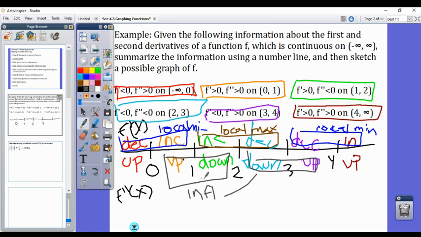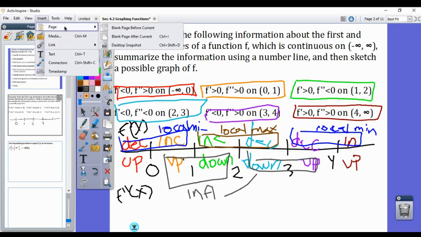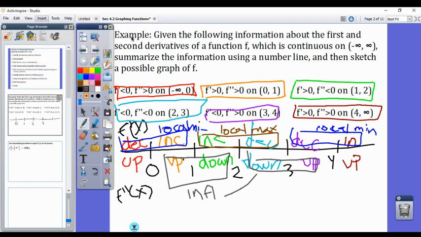Okay, so I'm going to add another page so that I can sketch the graph on there, so I give myself enough room. Did that work? I don't think that worked.